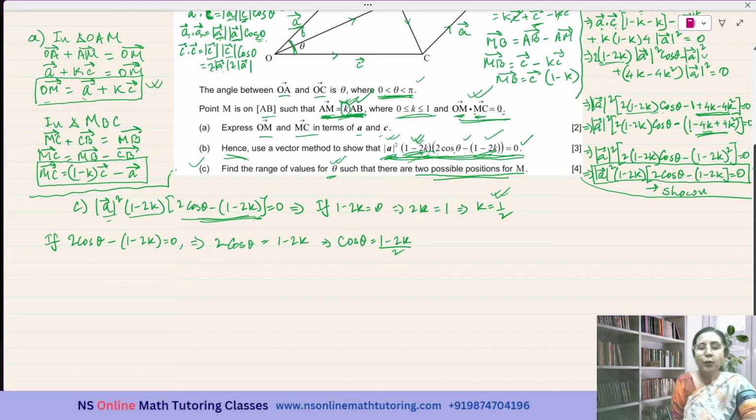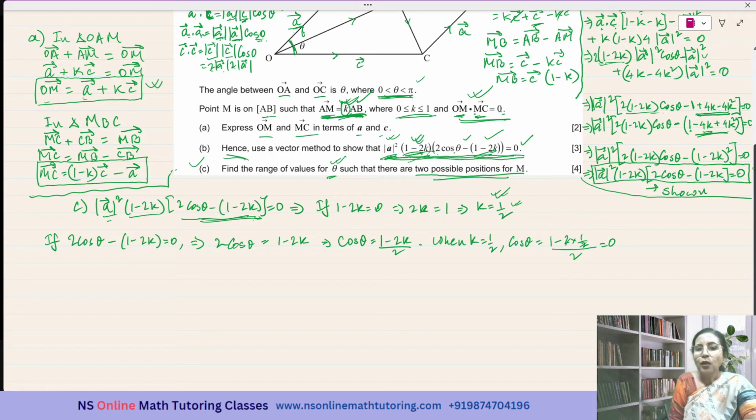And let us see what is the value of theta when k equal to half, which we cannot take. Let us exclude that part first of all. So when k equal to half, cos theta is equal to 1 minus 2 times half over 2. 2 times half is 1, 1 minus 1 is 0.